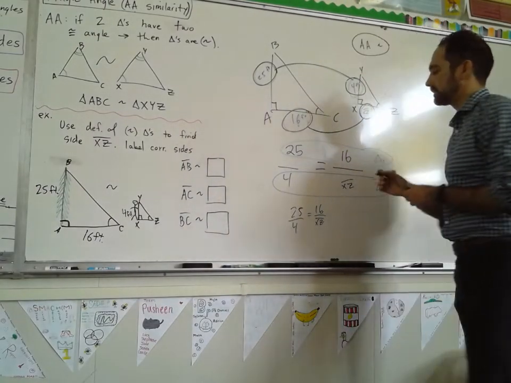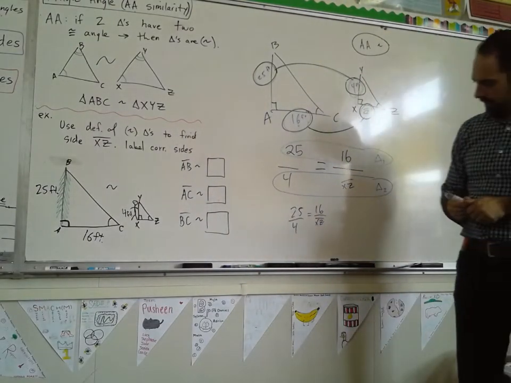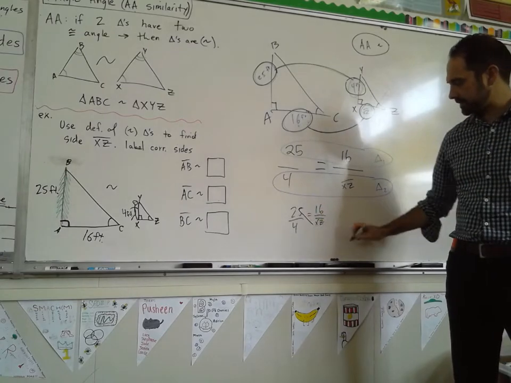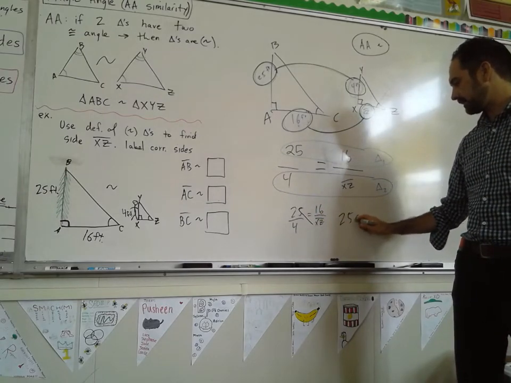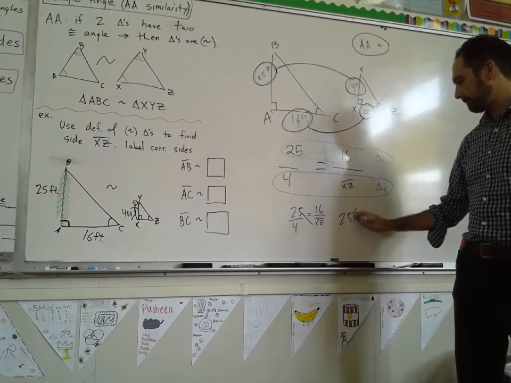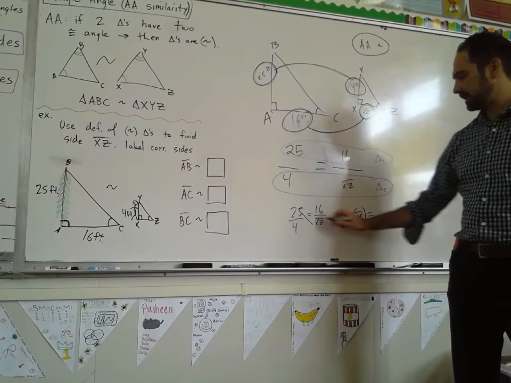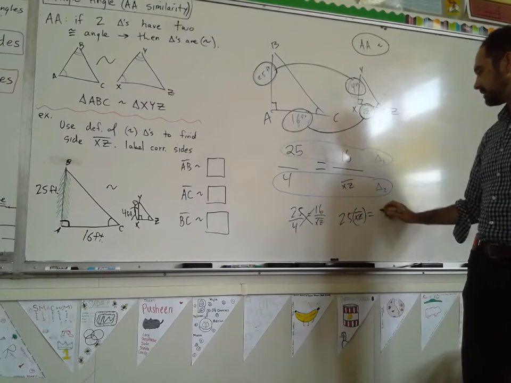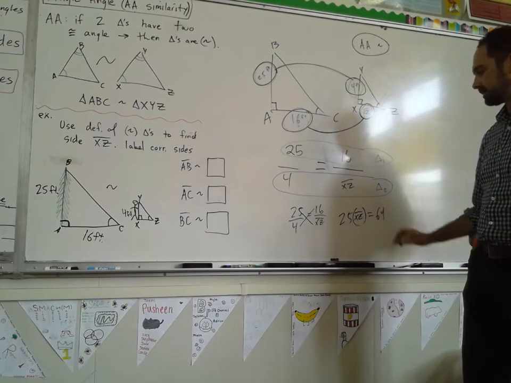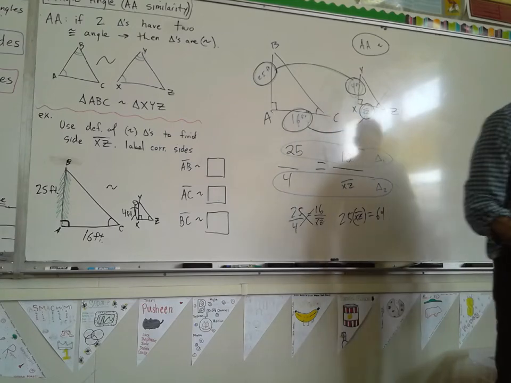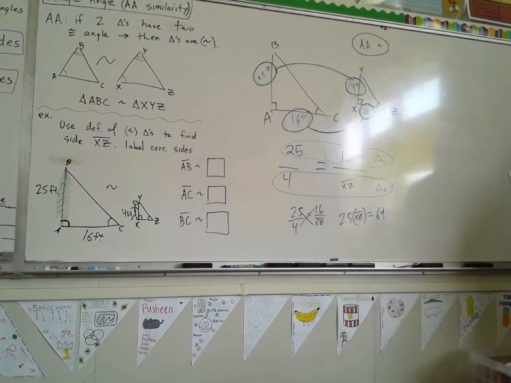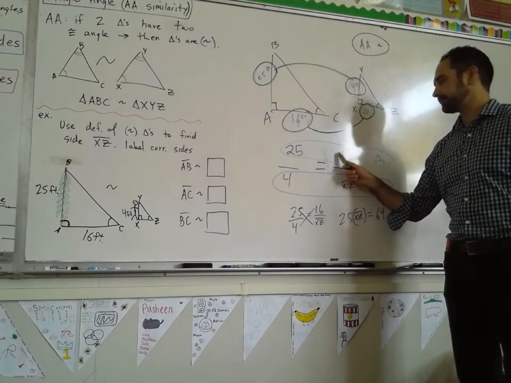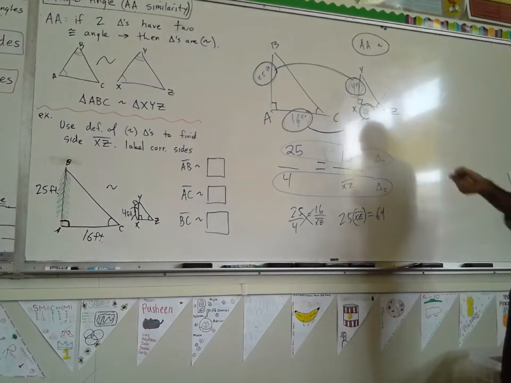So watch what I'm going to do. We're going to multiply 25 times XZ, 25 XZ. And that's going to be equal to 4 times 16, which is 64. This last bit is the last cross-multiplying aspect. But the main hardest part is setting up your ratios, which isn't so hard.